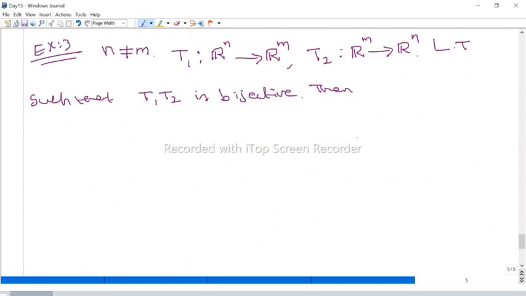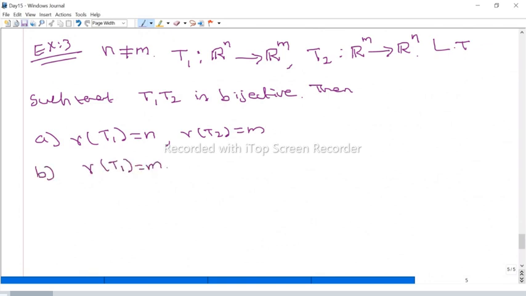The first option: the rank of T1 is n and the rank of T2 is m. The second option: the rank of T1 is m and the rank of T2 is n.